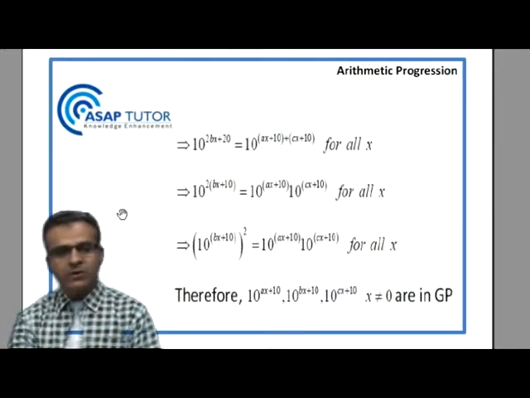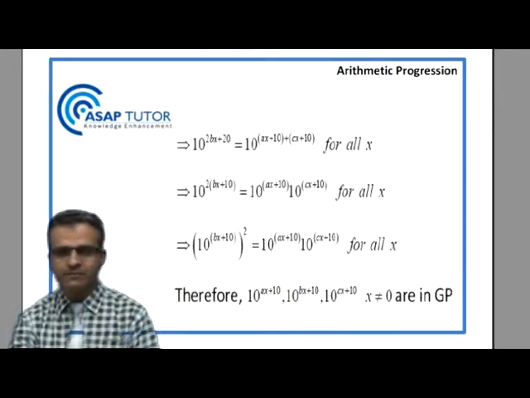So now we know that whenever we have B square is equal to A into C, then A, B, C are in GP. So therefore 10 raised to the power AX plus 10, 10 raised to the power BX plus 10 and 10 raised to the power CX plus 10 will be in GP for all values of X except when X is equal to 0. That is, X cannot be equal to 0.